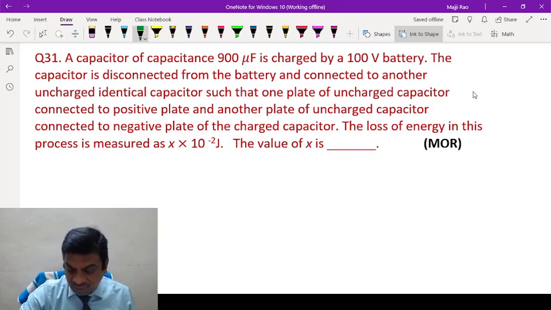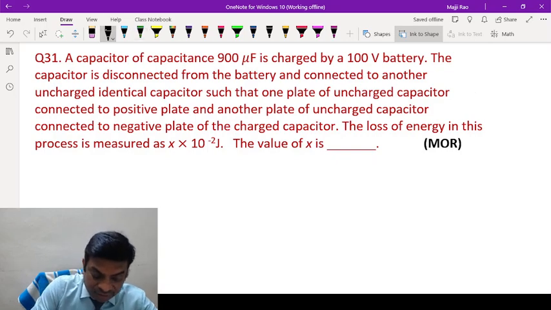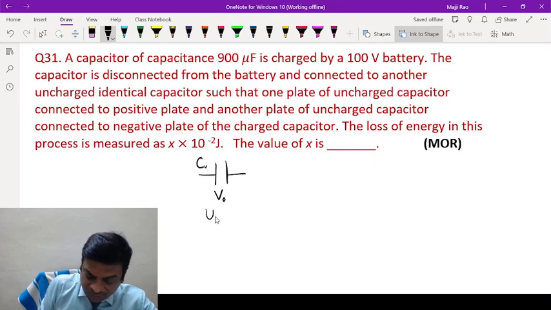I'm going to derive this formula so that later you can use this directly. Now let us see. Suppose we have a capacitor charged to a potential V naught and having a capacitance C naught. So what is the initial energy, students? Initial energy is half C naught V naught square. Then you connect this with an identical capacitor.